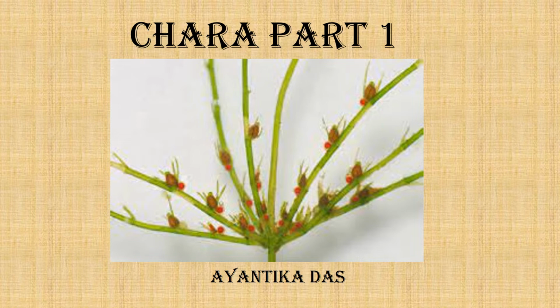In fact, Chara is considered an ancestor of land plants because the cell division of charophytes is just like the cell division in land plants. Both land angiospermic plants and the charophytes, during cell division, have microtubules that lie parallel to the direction of the spindle.